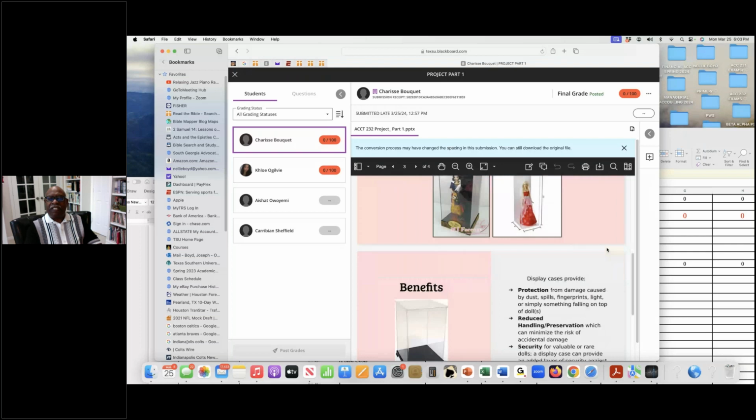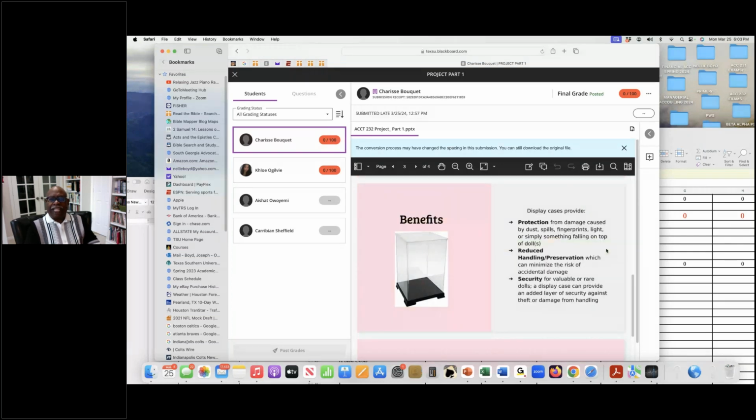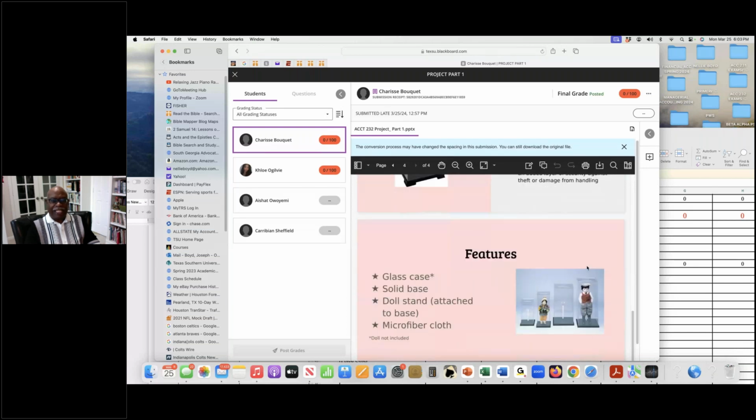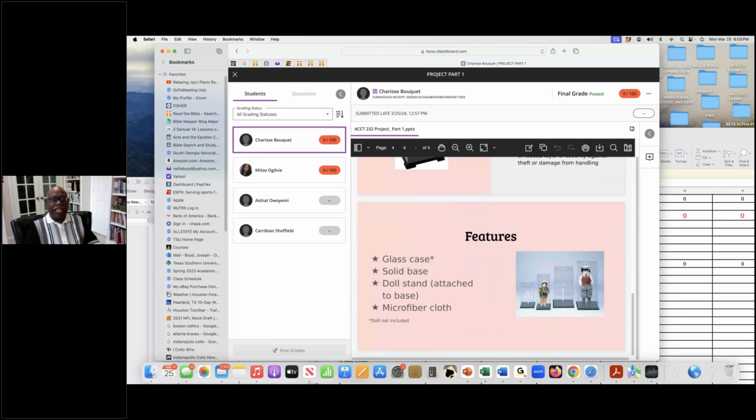It's got some benefits for this display case. Protection from damage caused by dust, spills, fingerprints, lights, or simply falling on top of dolls. Features a glass case, a solid base, a doll stand, and a microfiber cloth. But the doll's not included.